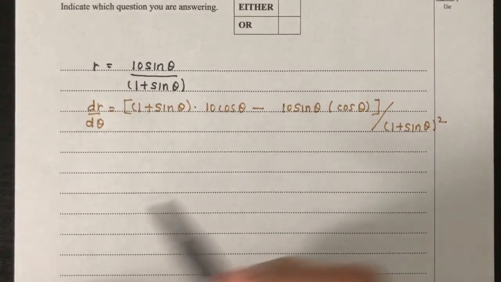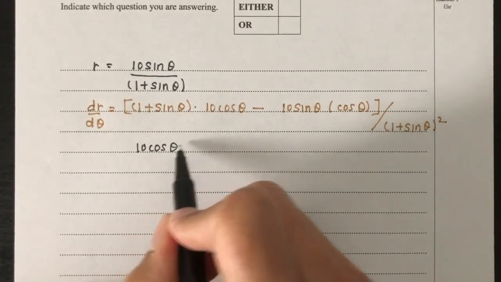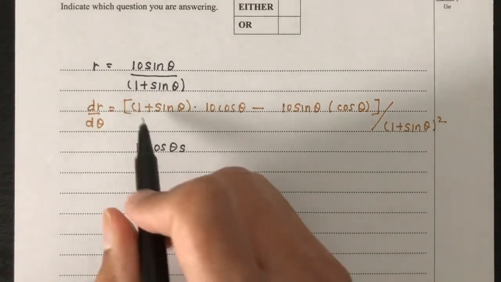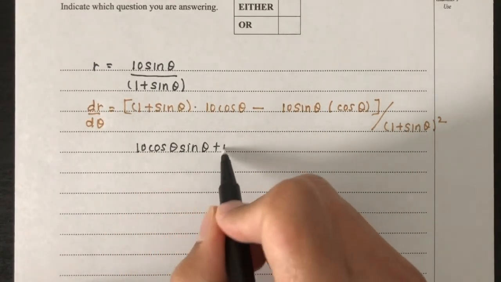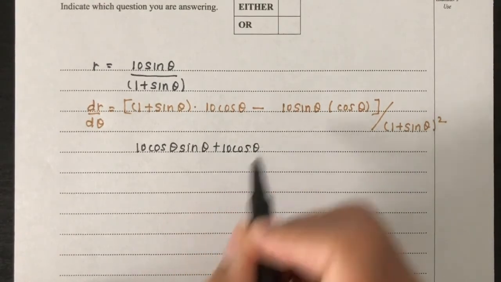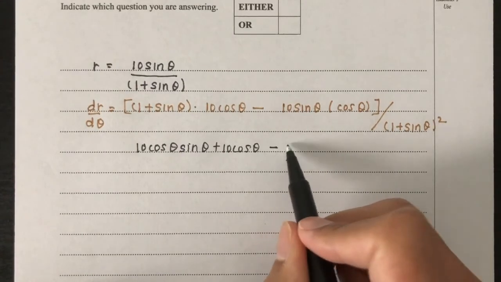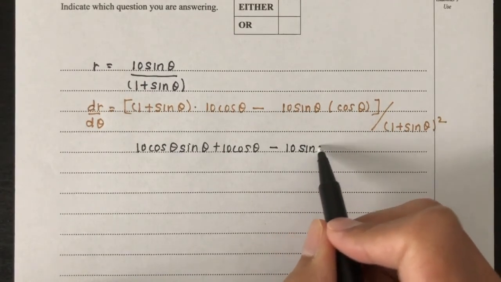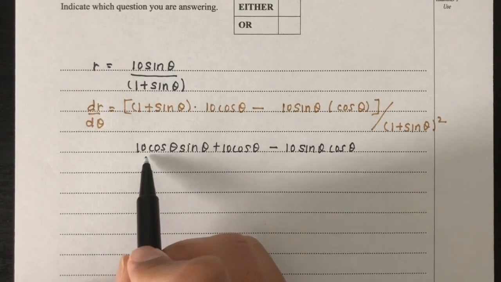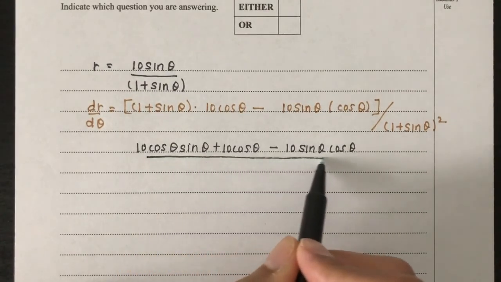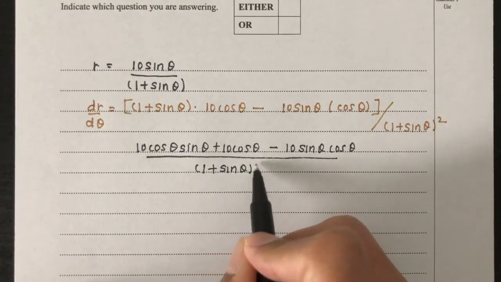So let's simplify to see what happens. On top you will have 10 cos theta times sine theta, plus 10 cos theta, and then minus 10 sine theta cos theta, and all this will be over 1 plus sine theta squared.